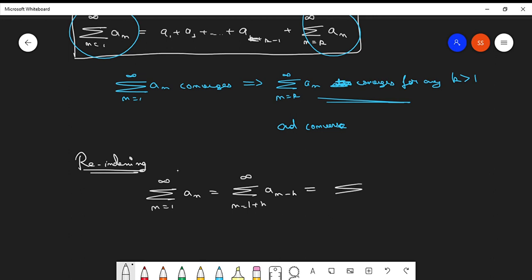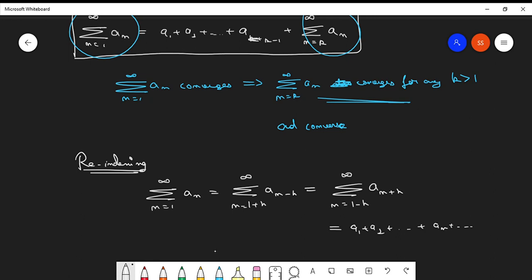Also, it can be written as n equals 1 minus h to infinity a_(n plus h). Because if you put n equals 1 plus h here, you will get a_1 itself, or n equals 1 minus h here, you will get a_1. So basically they indicate the same series, that is a_1 plus a_2 till a_n, and it continues till infinity. This is what we call reindexing.